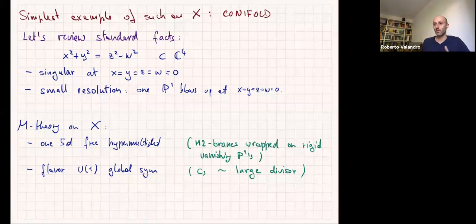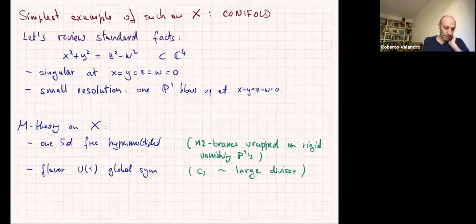Now, if you put M-theory on X, you get a quite trivial theory. You get a hypermultiplet charged under a flavor U(1), so a global U(1) symmetry. This hypermultiplet comes from M2 branes wrapping this rigid, vanishing P1, while the U(1) you understand because it is related to a background vector multiplet that comes from the three-form in M-theory.